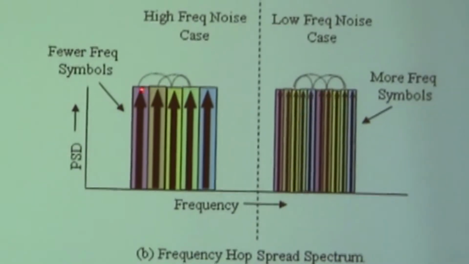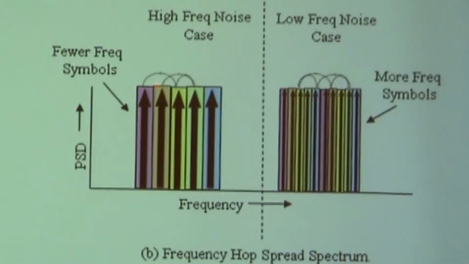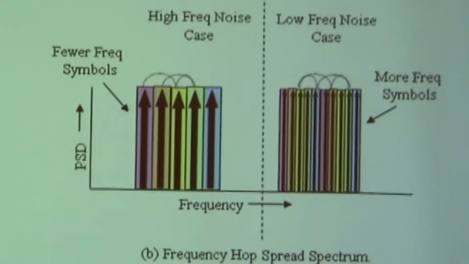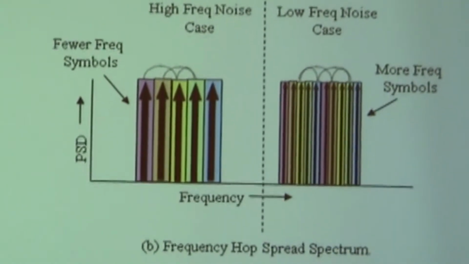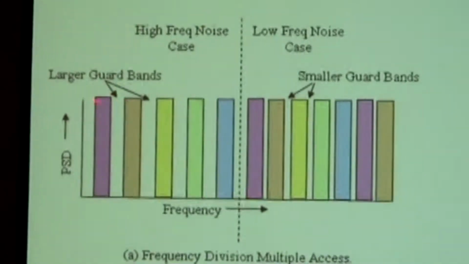So for instance, for frequency hopping, you could create more symbols inside the same frequency space because you have a much tighter frequency reference. Because the frequency reference that's being used is the gravitational wave frequency reference. And so all the RF then keys off that same frequency reference that both ends of every single link is using all the time. You can also, in an FDMA, shrink the guard bands.